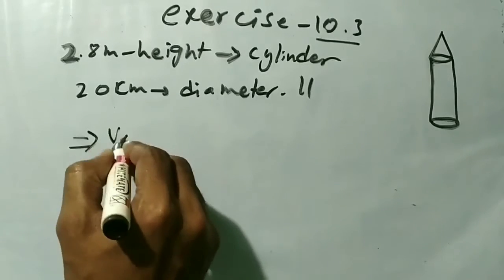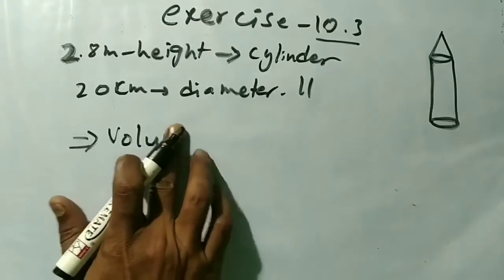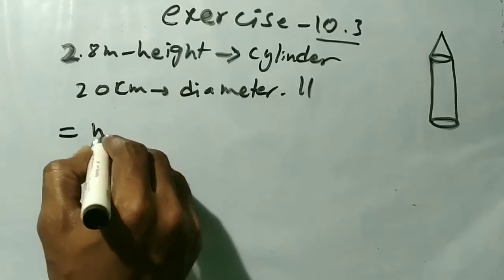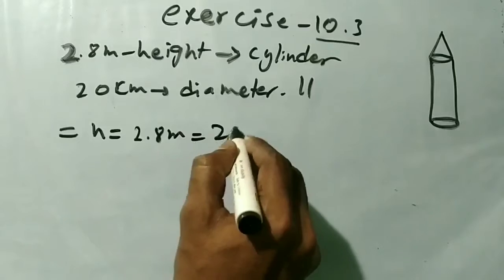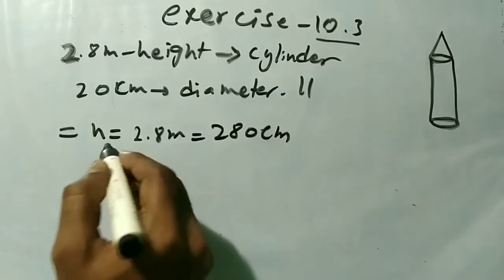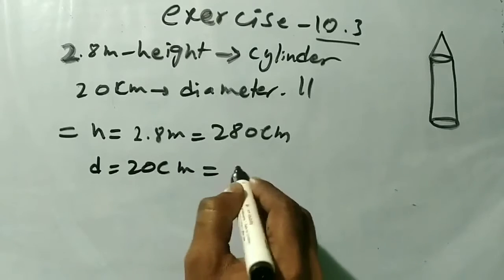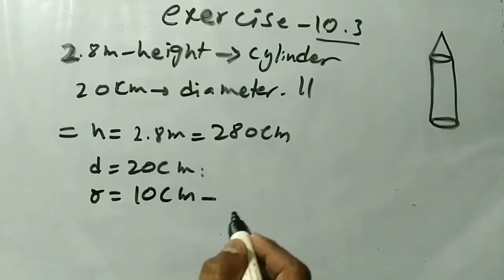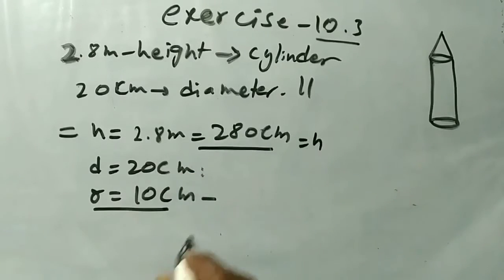Let's find the volume of the cylinder. Before finding the volume, we need some modification here. That is height h is equal to 2.8 meters, which is equal to 280 centimeters. And the diameter d is equal to 20 centimeters, so here r is equal to 10 centimeters. So we got r and h.